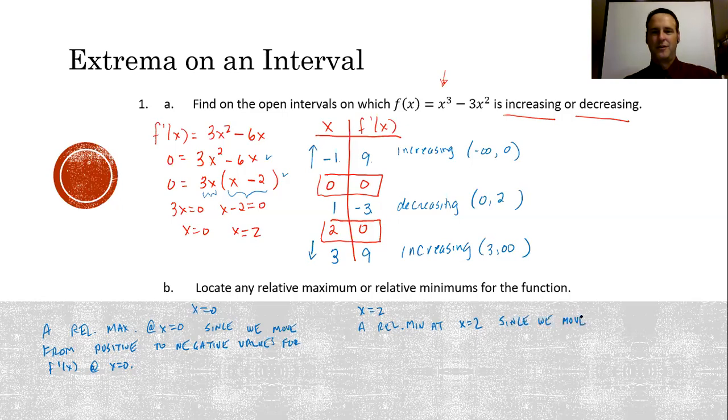Since we move from negative to positive values for f prime of x at x equals 2.